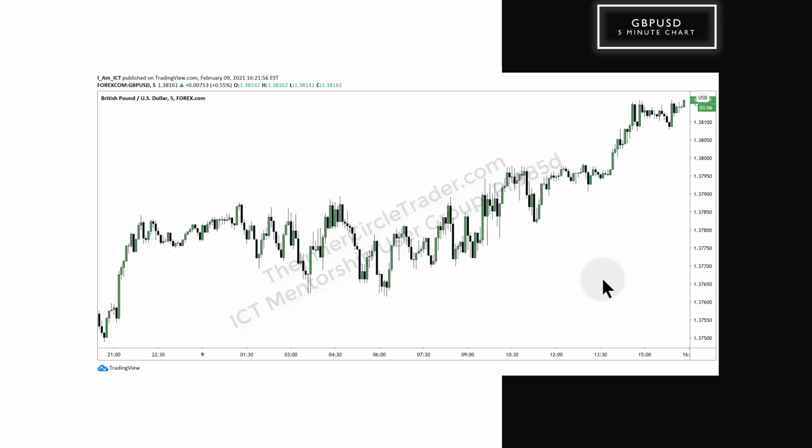And I'm a Stephen King fan, and I have lots of books like that, and one of them in particular is The Stand. This pair right now feels like a book that I've read many times, but I don't want to get hurt by it because I feel like there's a plot twist in this that will harm me, and I will be displeased with the outcome, which means in translation, if I trade this pair, I'm going to lose money.